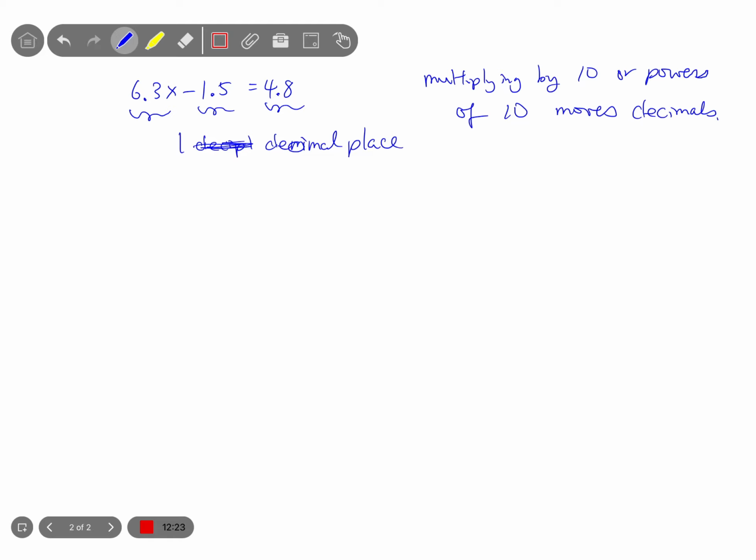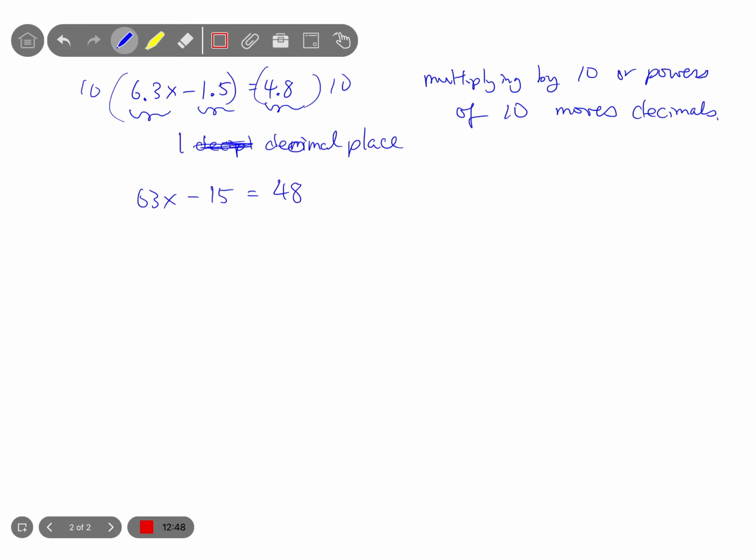If I multiply everything by 10, instead of 6.3, I am going to get 63x. Instead of 1.5, if I do 1.5 times 10, I get 15. Instead of 4.8, if I do 4.8 times 10, I get 48.